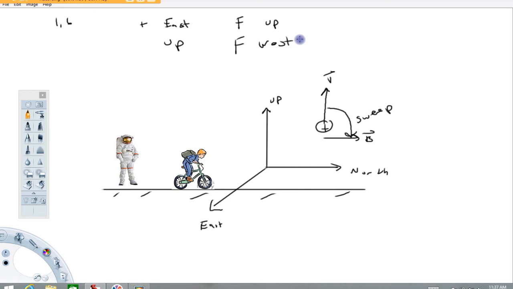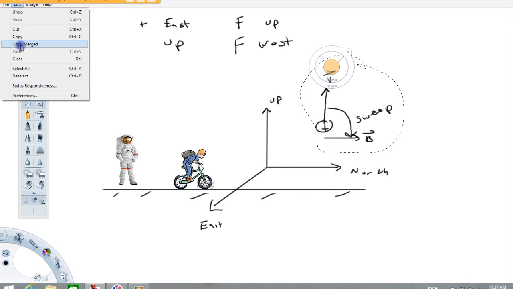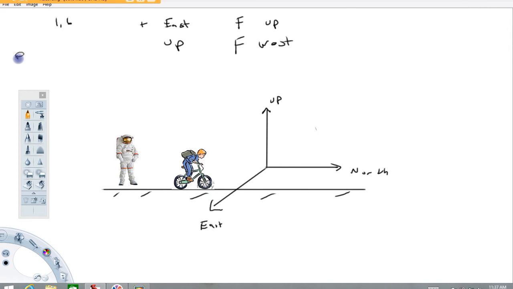I think I'll do one more, and I'll talk about a negatively charged particle. Clear this. All right, so now imagine we have a negatively charged particle with a velocity that's east. Actually, we'll do west. So here's a minus.